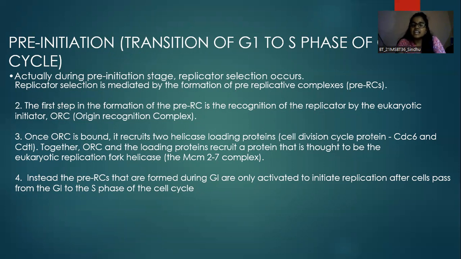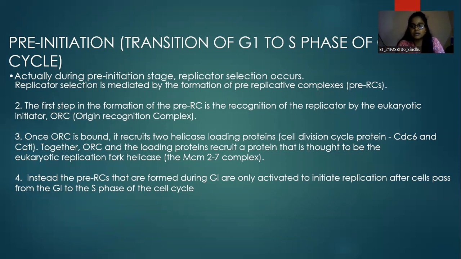Together, ORC and the loading proteins recruit a protein that is thought to be the eukaryotic replication fork helicase. So these proteins together are called the replicative eukaryotic fork helicase, the MCM2-7 complex.